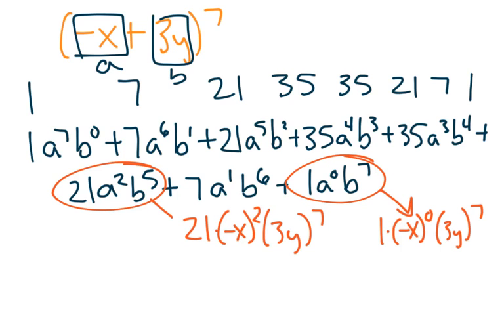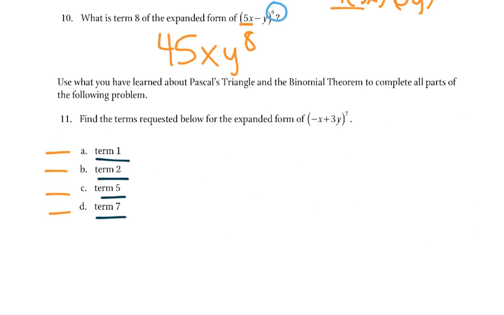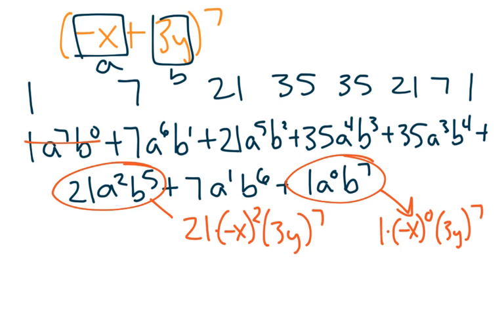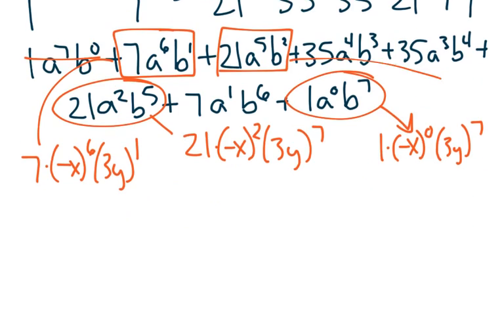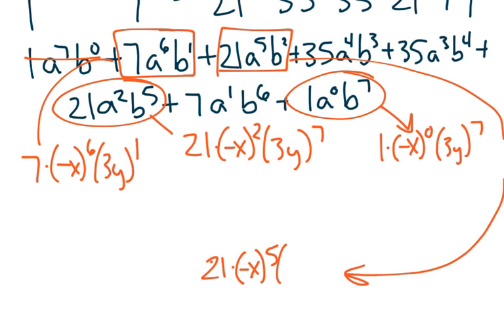Okay. We also wanted the first and second term. So 0 term first, so it would be 7 times negative x to the 6th, 3y to the first, and the second. Okay, which we'll throw that one down here somewhere. So 21 times negative x to the 5th, 3y squared.